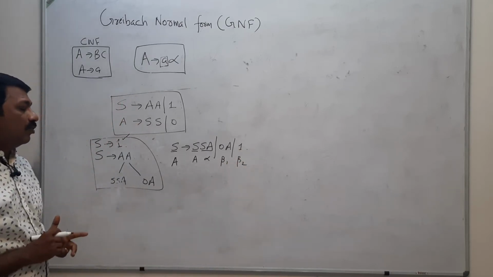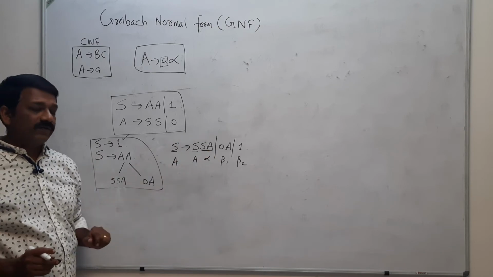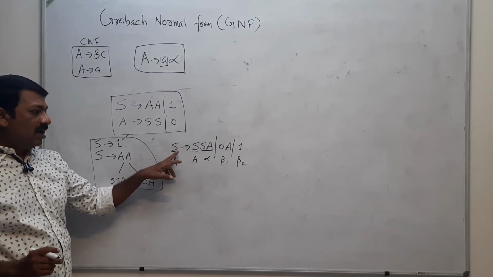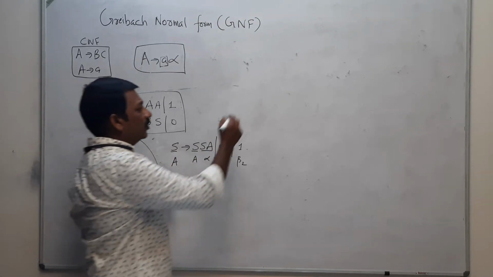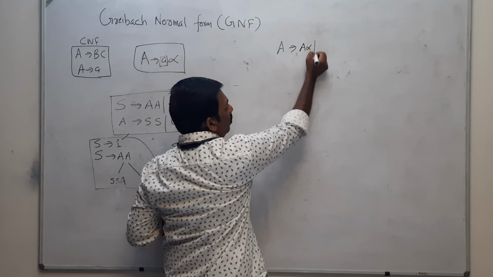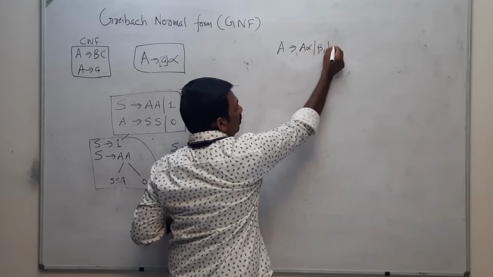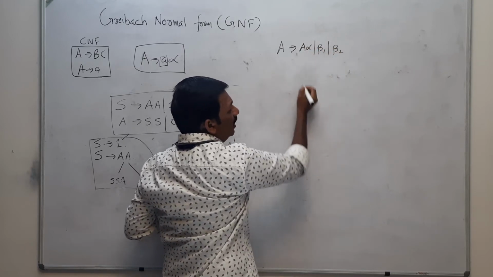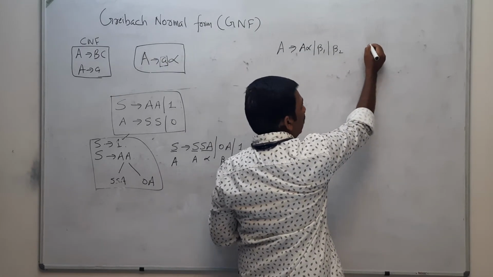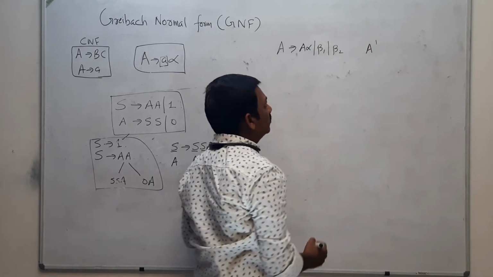I am going to eliminate the left recursion from this. If you have a production A derives A alpha or beta 1 or beta 2, when I am replacing this, I am going to have a new variable, say A dash.